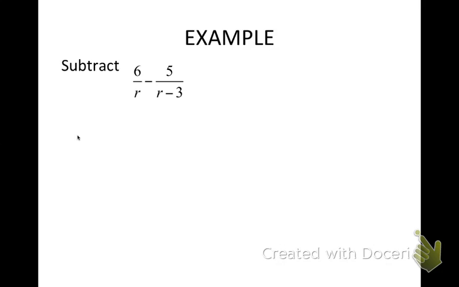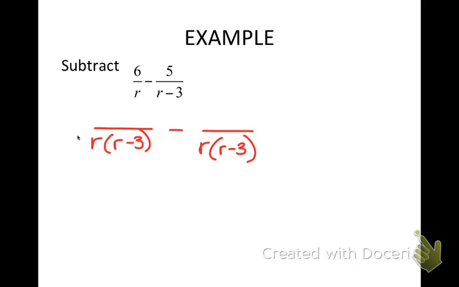The same thing applies when we're doing algebraic expressions. So what I need is to have both an r and an r minus 3 in my denominators: an r times an r minus 3. And that's going to be my common denominator.